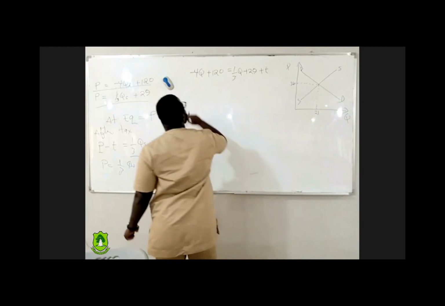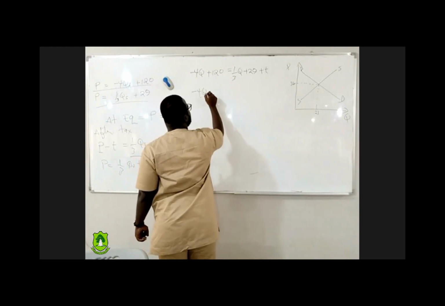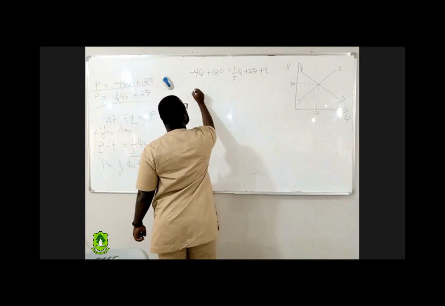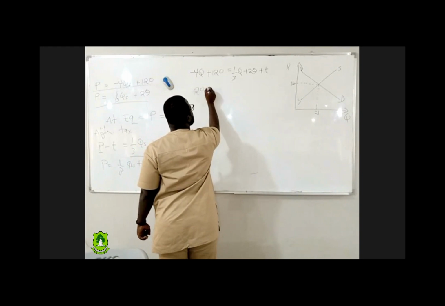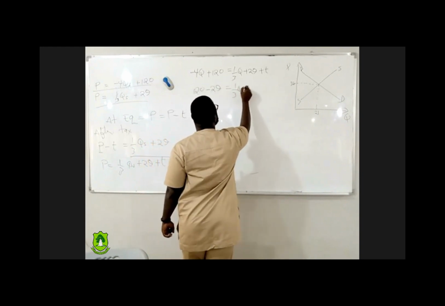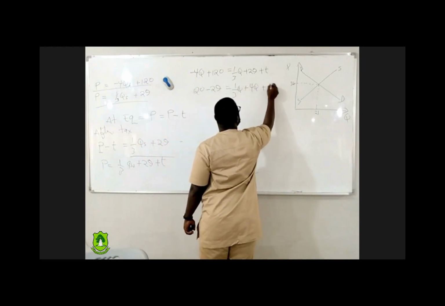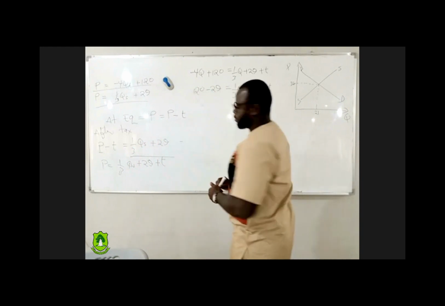We know we have this. So we have minus 4Q. Okay, let me send this one across so I can have 120. Okay, good.